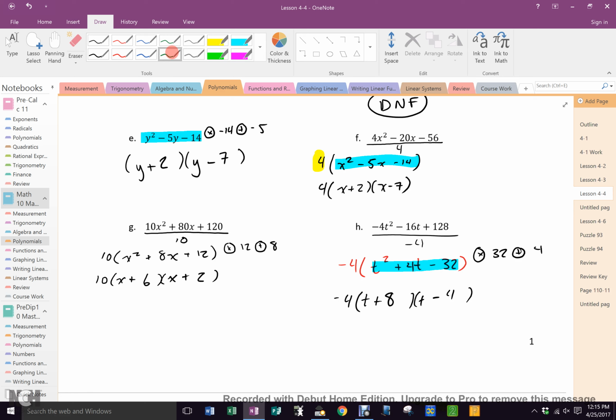If Emma had thought what I thought she thought and wanted to do this, t minus 4 and t plus 8, if she checked it, she would have seen that that was wrong, right? Because 4 minus 8 is not positive 4, it's negative 4, isn't it? So this one is wrong, this one is right. Is everybody good?